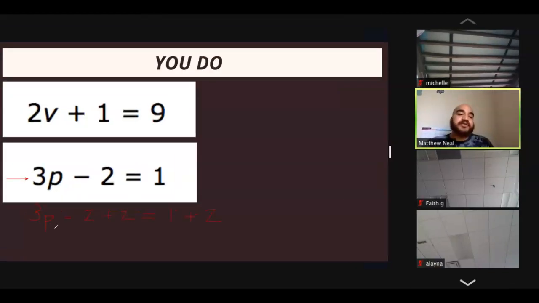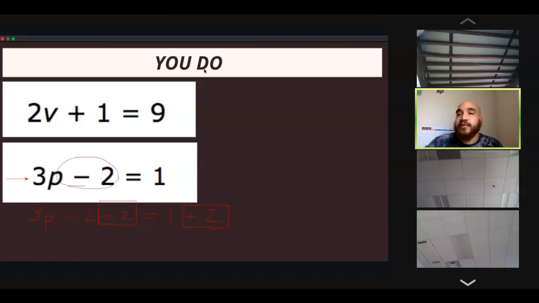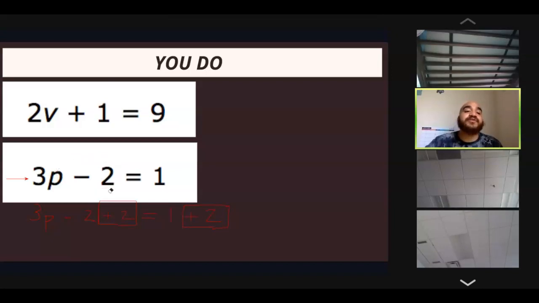So your first step should look just like this: 3p minus 2 plus 2 equals 1 plus 2. This comes from the fact that we're looking at what type of math is being done. We see this subtract 2, we know that's subtraction. We therefore need to do the opposite in order to get this 3p by itself.